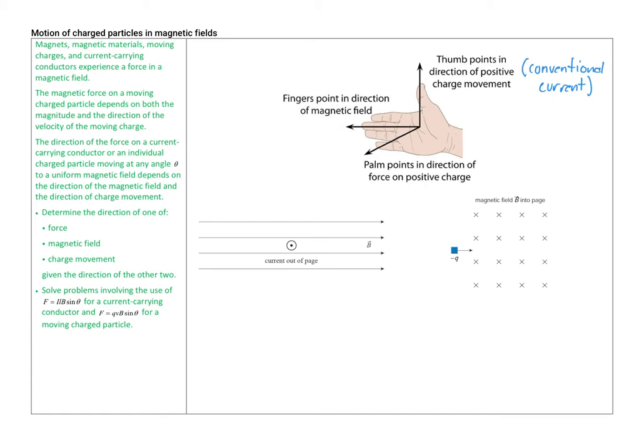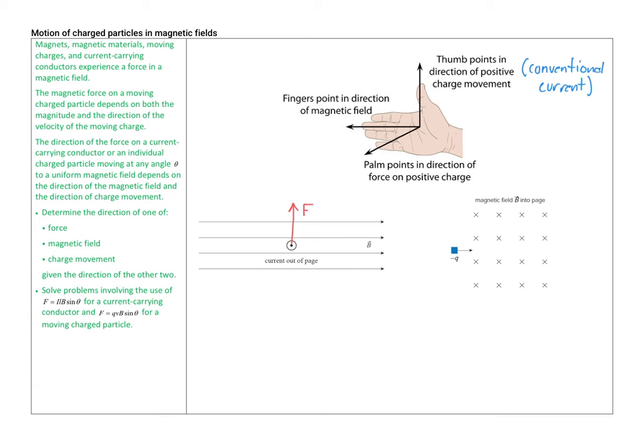The force that the current or the wire, the conventional current, the positive charge direction, will experience will be out of the palm of the hand. So in this case here, the force would be directly up.